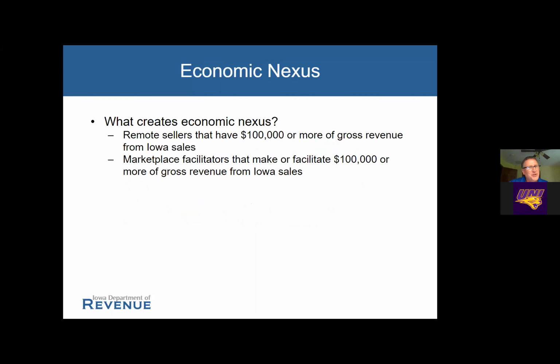Something that's pretty new within the last few years is economic nexus. And this is something that, as I said, is fairly recent. And what creates economic nexus? Well, if you are a remote seller and you have $100,000 or more of gross revenue from Iowa sales, that would create an economic nexus.